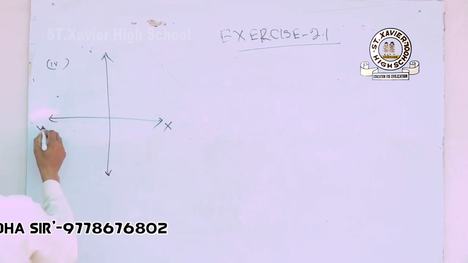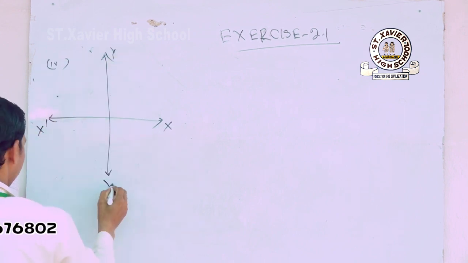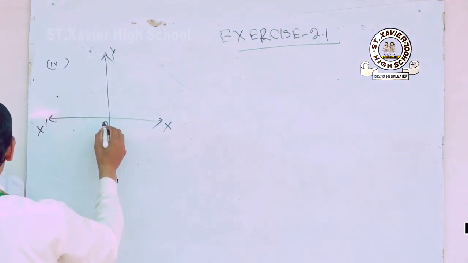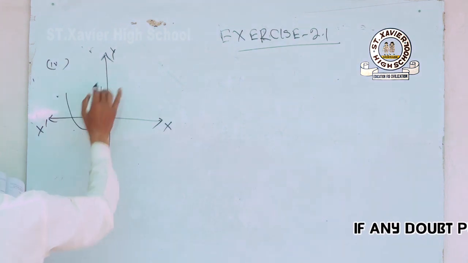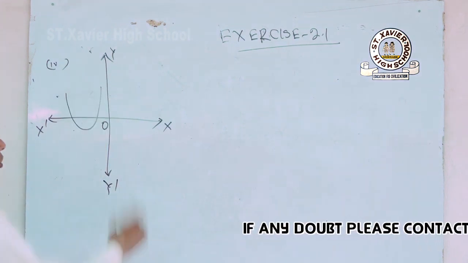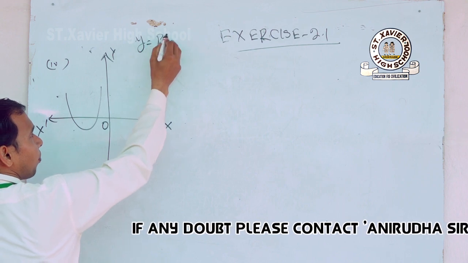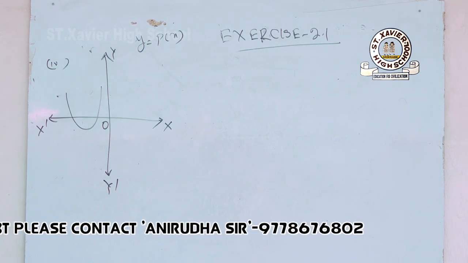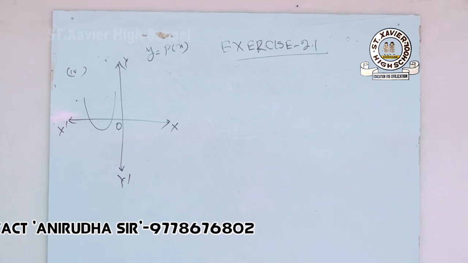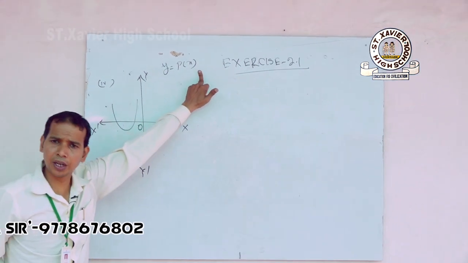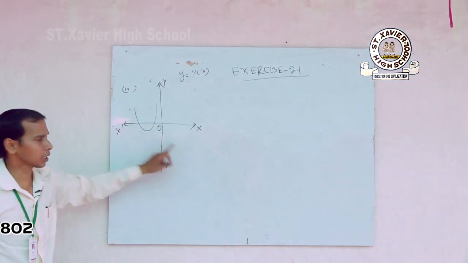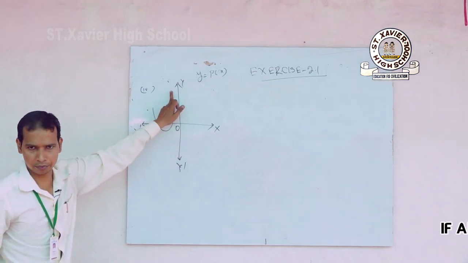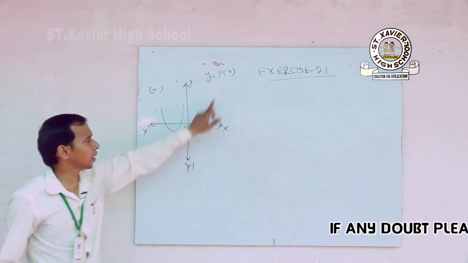Now come to part IV. This is x dash, this is y dash, this is 0. Look at the question here: y equal to p of x. In this figure, this is the graph line and this is p of x.